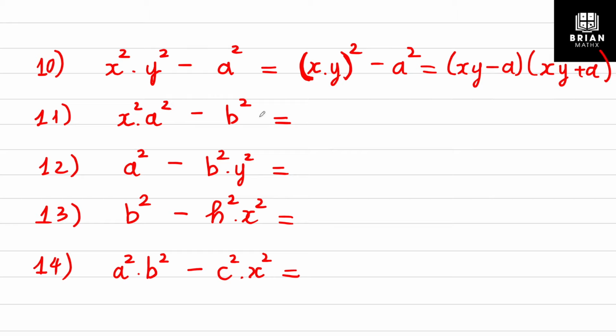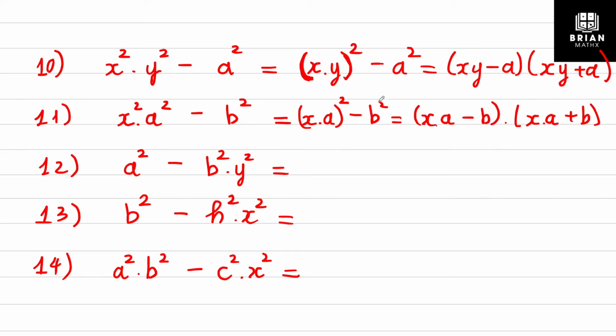The next one, I change to x multiplied by a, squared, minus b square. So you get xa minus b multiplied by xa plus b. Okay, for this one. And question 12, you get a square, b square, y square. I combine them into one bracket with the square outside.